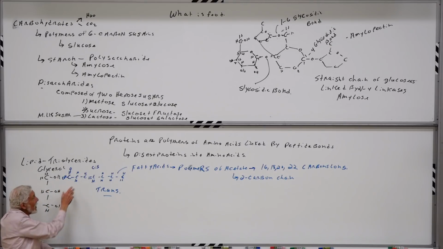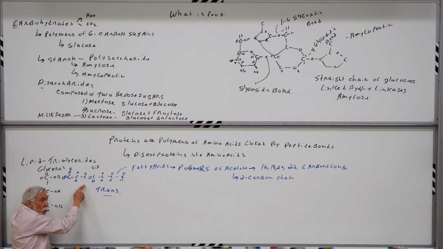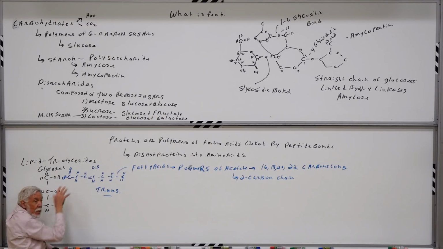And the reason is we think that because we can't digest properly, we can't break these molecules into their component parts, we end up depositing them in any number of places. And one of the places they're worried about is you begin to deposit them along your coronary arteries, and you end up with plaque. And so for that reason, over the last few years, we've tried very hard to eliminate these trans fats from our diet.